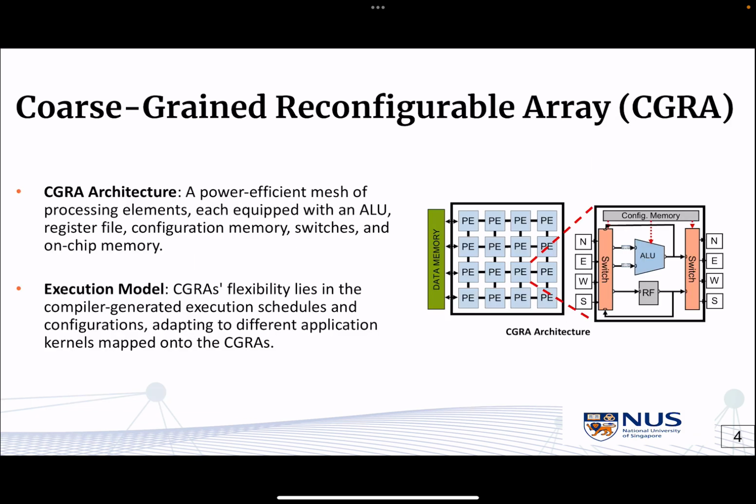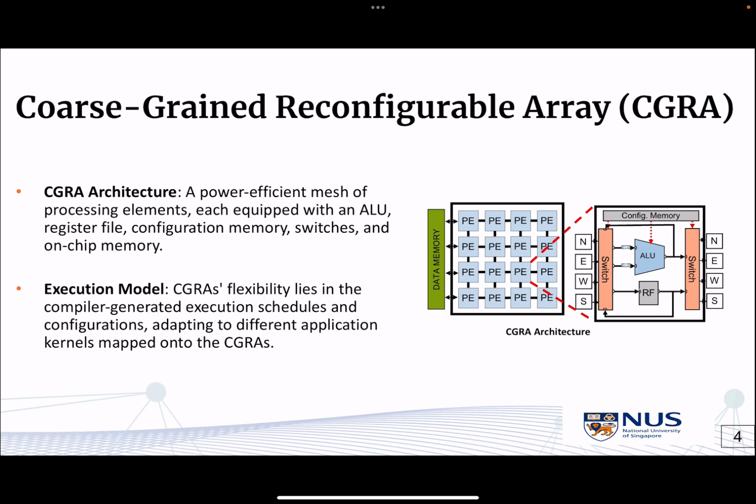If we look at the CGRA architecture, it is a power efficient mesh of processing elements, where each processing element consists of an ALU, register files, switches, and also the configuration memory, and also data memory that is connected to a subset of processing elements. CGRA gets its flexibility through its execution model.